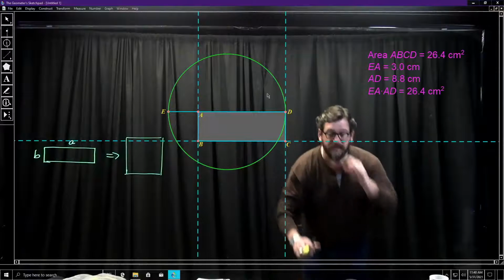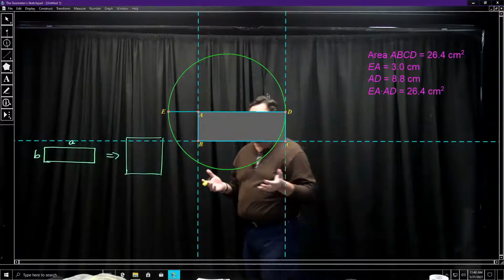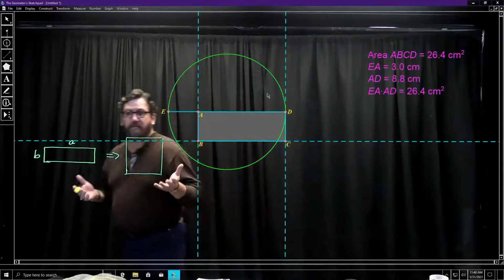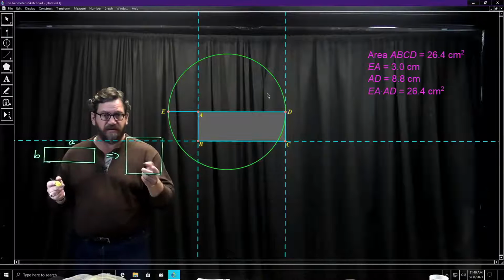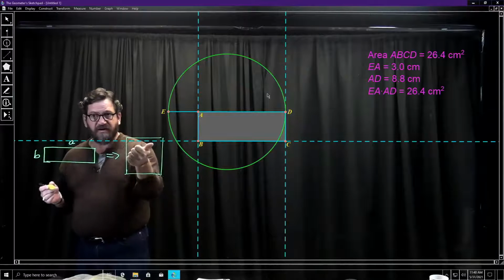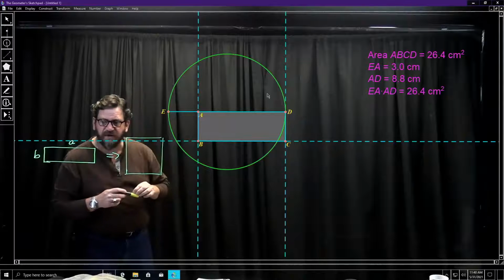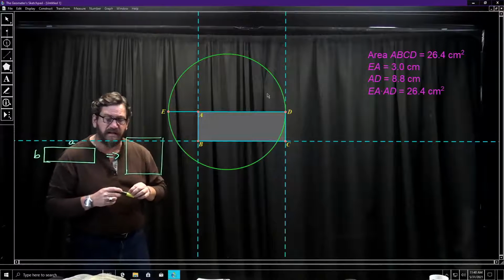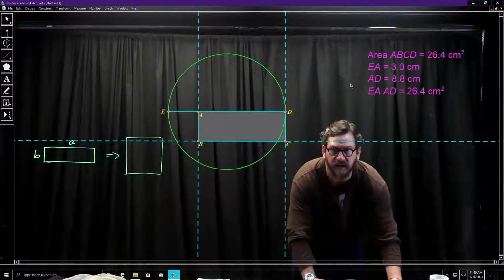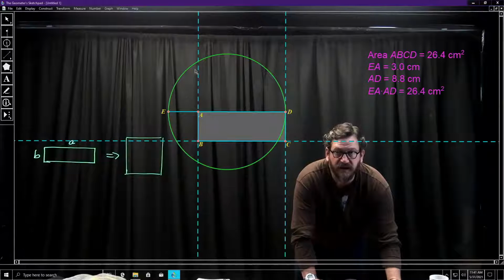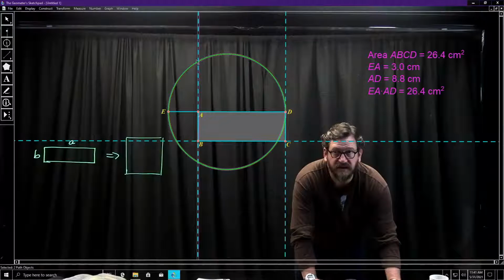Now the question is, how in the world do I construct, determine where it lives, a square that has this area that I've been given? Well, let's watch where it is, because it's right in front of us. We're just not looking at it yet. You see this little segment right here that goes up to the circle? Well, what we want to do is get the intersection.